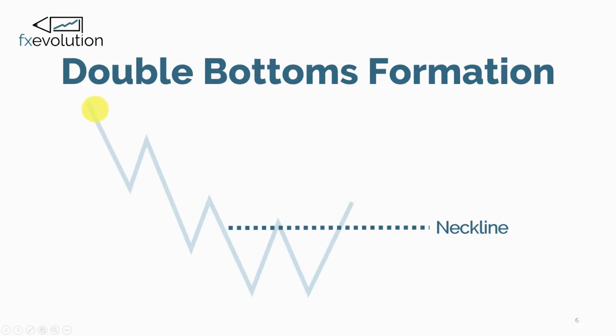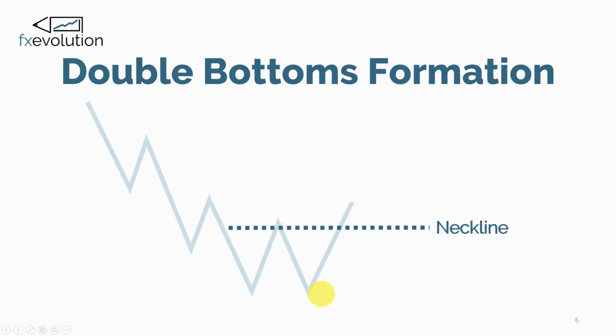So here we have an example of a double bottom formation. A steadily decreasing market, forming a low, coming back up, and then as it comes back down to test that low, it's unable to break to a new low. It then comes back up, and we can draw here the neckline area, and we also know that there's been a bottom here and a second bottom here, or two bottoms.